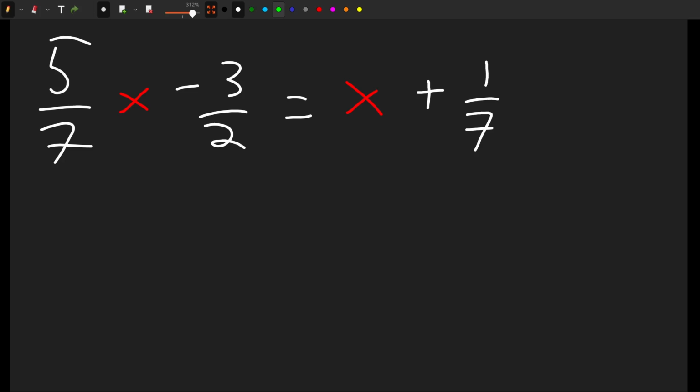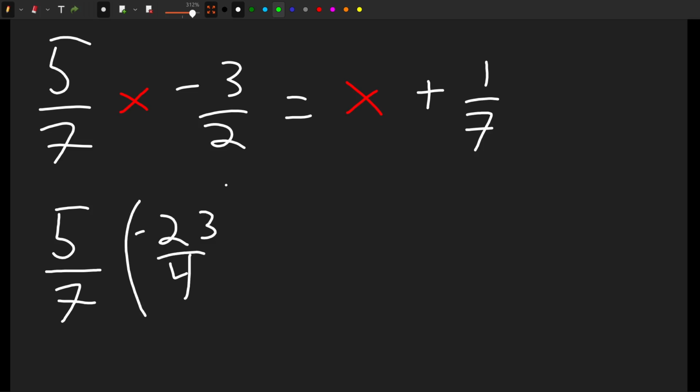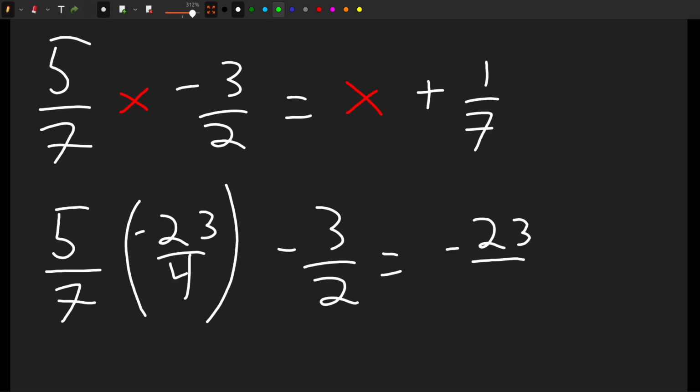And I'm going to plug in negative 23 over 4. So I'm going to get 5/7 times negative 23 over 4 minus 3/2 is equal to negative 23 over 4 plus 1/7.